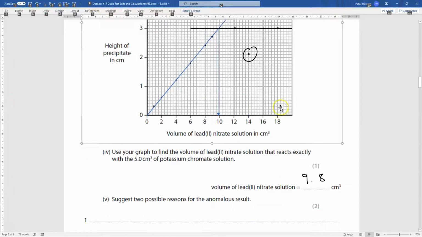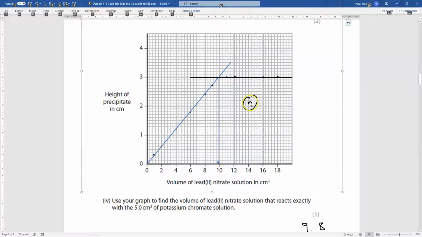The next bit is why did we get this anomalous result? So it's down here and we would have expected it to be up here. So maybe we had added too little lead nitrate, because that would be equivalent to us adding 6 or 7 centimeters cubed of lead nitrate.